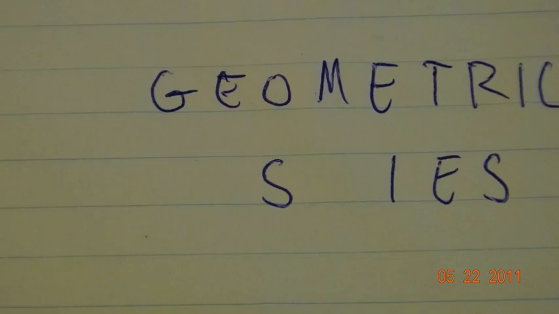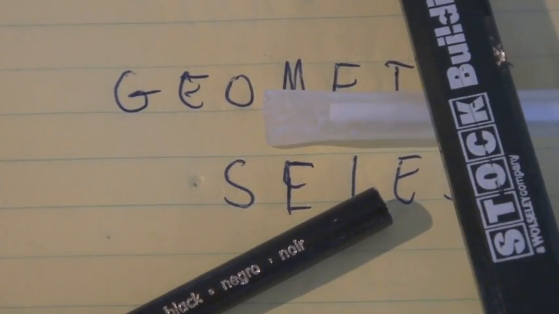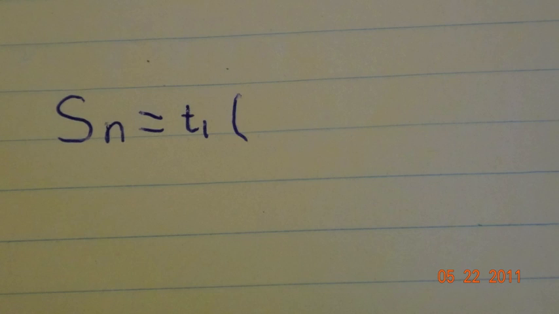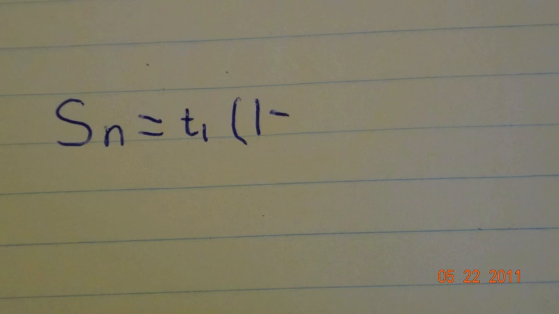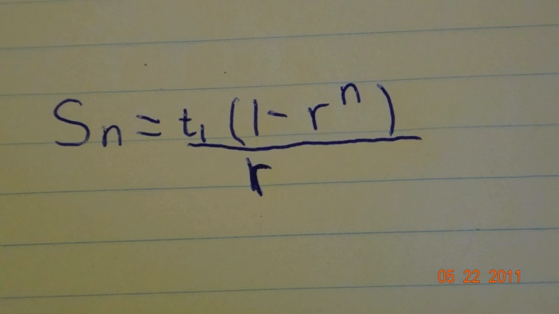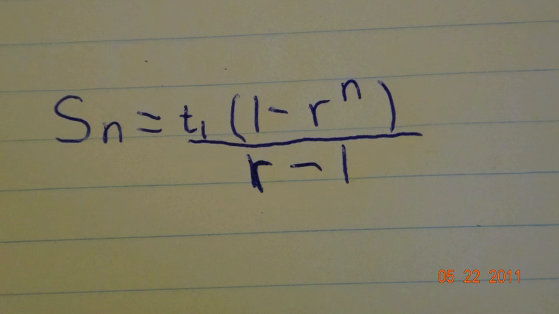Now we have to get back to adding that geometric series. A little different from arithmetic, but the formula is Sn equals T1 times the quantity 1 minus r to the nth power, over 1 minus r. r equals 1? No, it can't.